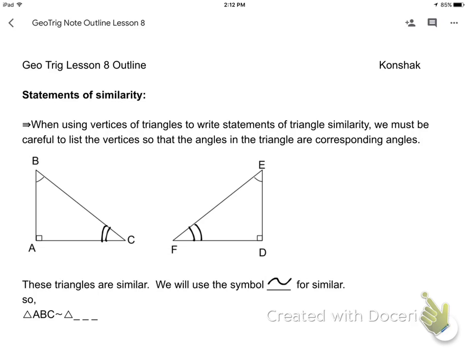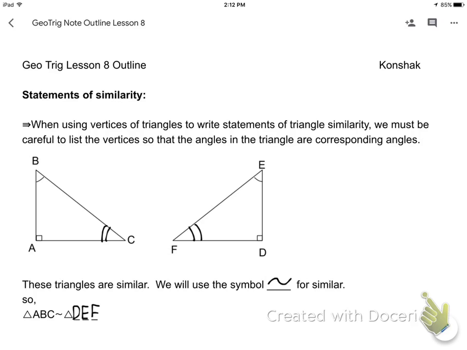That's letter D. So D. I'm then going to go to B. B was the single tick mark, which corresponds to E. And C is the double, which is F. So the proper way to state this, or one of the proper ways to state this, is that triangle ABC is similar to triangle DEF.